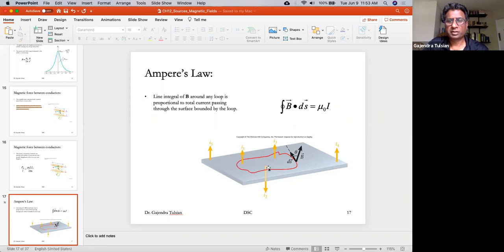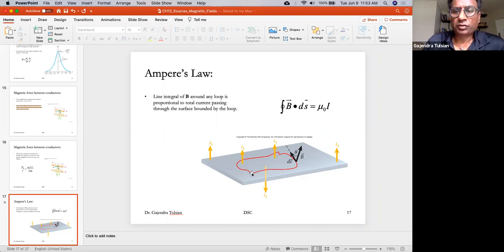There are three currents inside this loop, and if you go along in this direction, when you take the line integral counterclockwise, then these currents are positive and this is negative. If you take the line integral along the other direction, this current will be positive and these will be negative. Again, the sense is with your right hand.